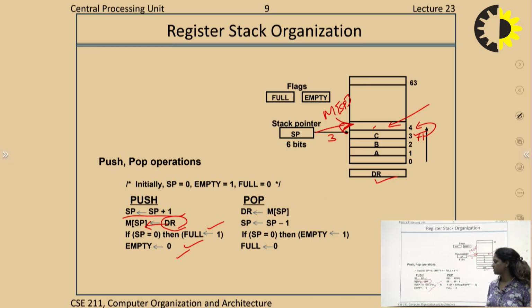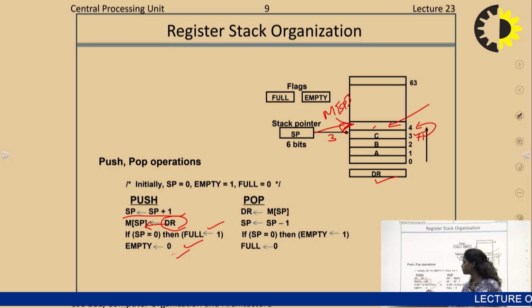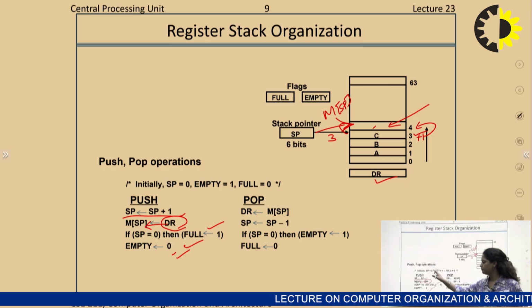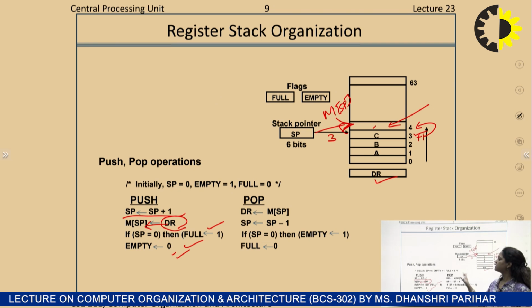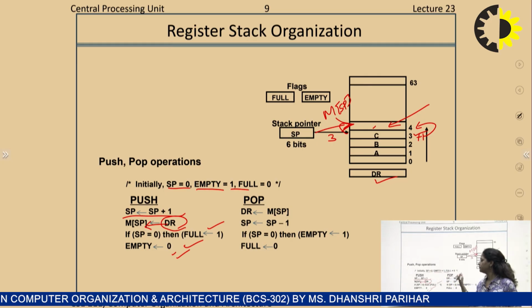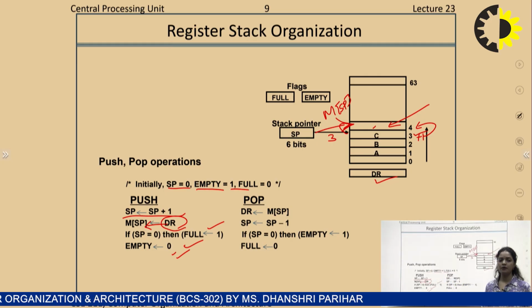To check those conditions, we check this. Empty equal to 0 means popping is possible, but pushing is not possible after this state. So before executing the next push operation, we need to clarify this if statement. Initially, we also have to check whether empty is 1 or full is 0. We have to look at this for insertion as well as deletion, pushing and popping. Same with popping.